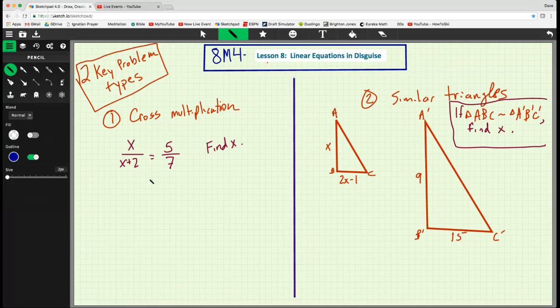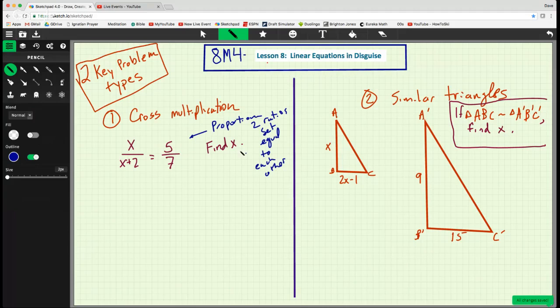The first key is when you see problems that look like this: two ratios set equal to each other. This is called a proportion.